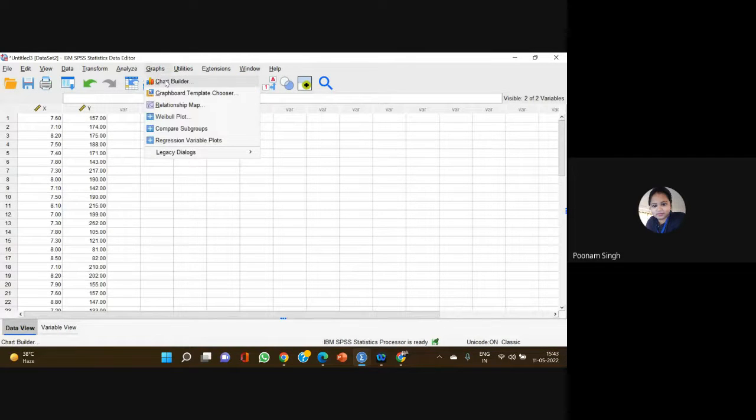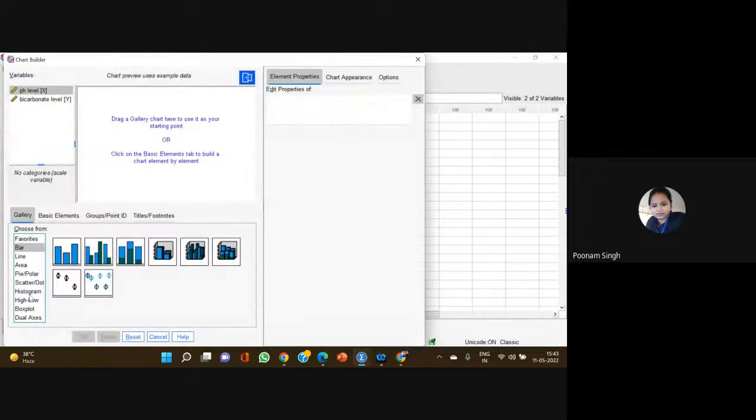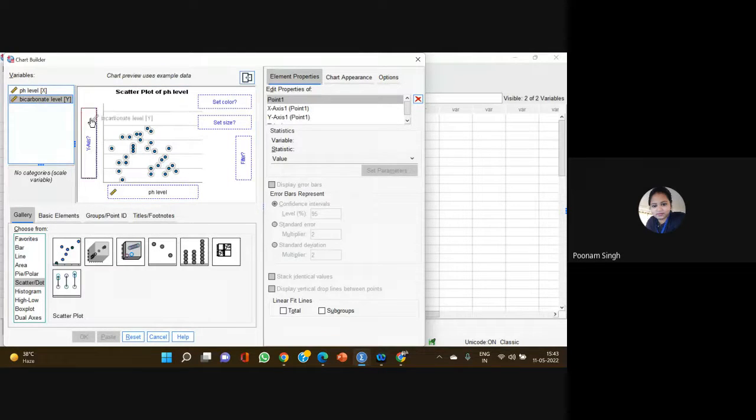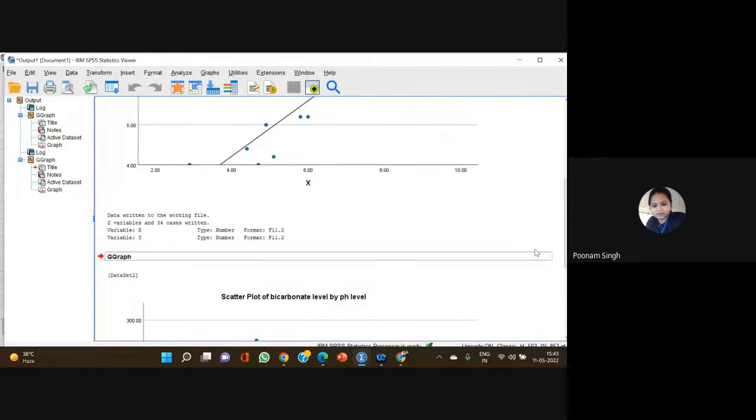Now when you draw this scatter diagram, you will see that the variable names we have changed will be shown there. This is what we are putting on the x-axis. You can change the axis also, that doesn't matter. If you change the axis, the scatter plot will still show the same relationship between x and y.